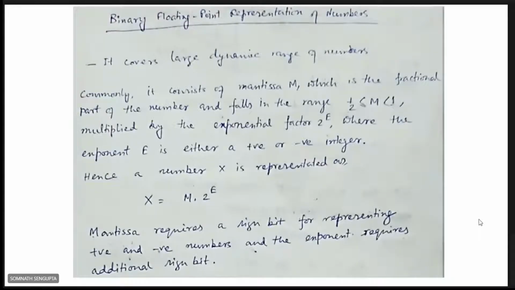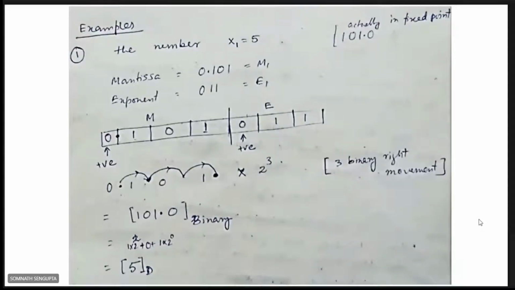So we have considered one number, let us say 5. We represent it as mantissa 0.101, because 5 is 101.0 in fixed point.